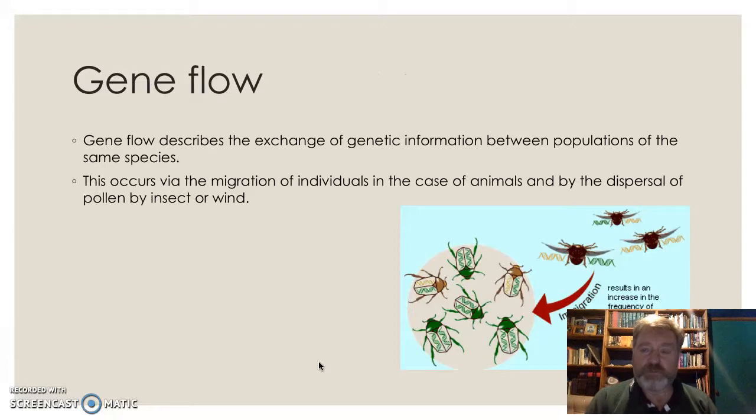Okay, so what's all this about? It's all about diversity. So we've now got a whole lot of ways of making variation through mutation and these abnormalities of the chromosomes. And then we've got ways of moving things. So we talk about gene flow. Genetic information flows between populations of particular species. So migration is an important process.